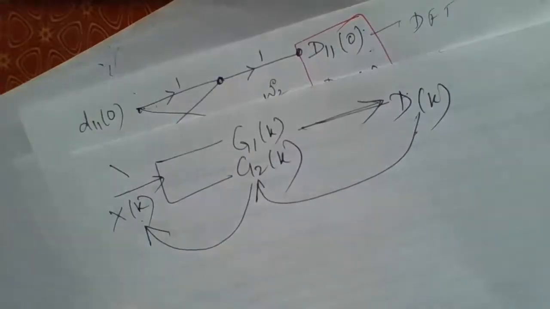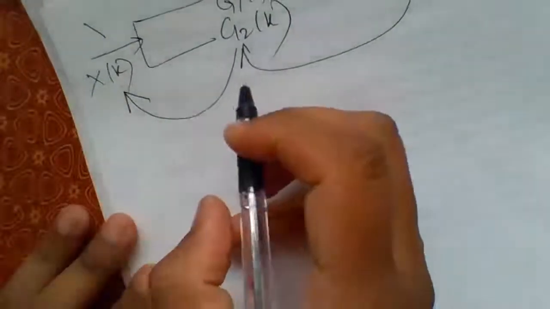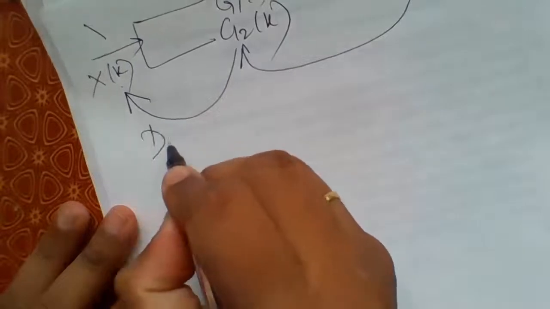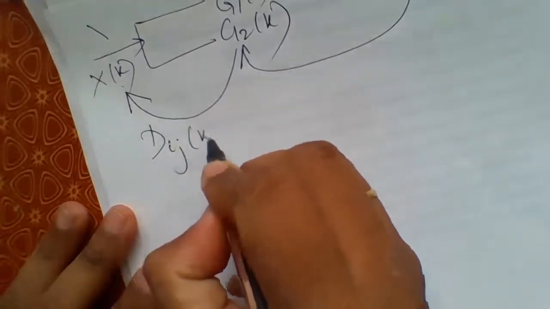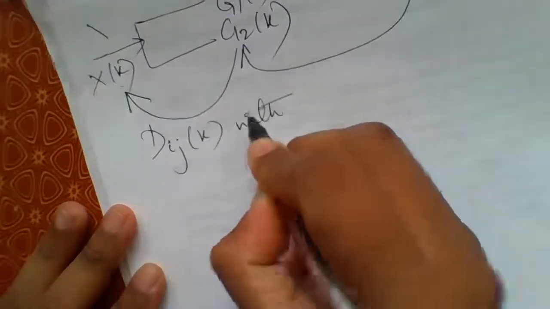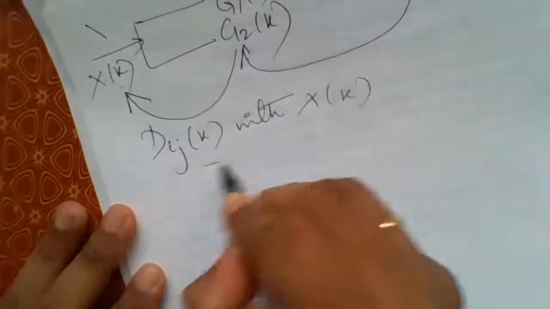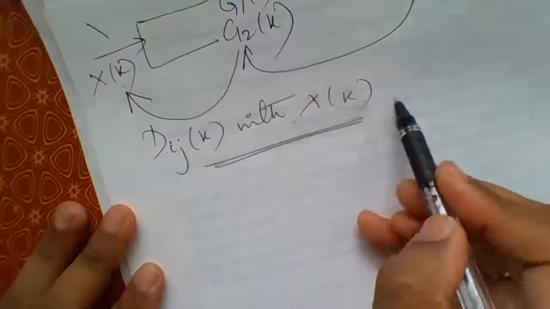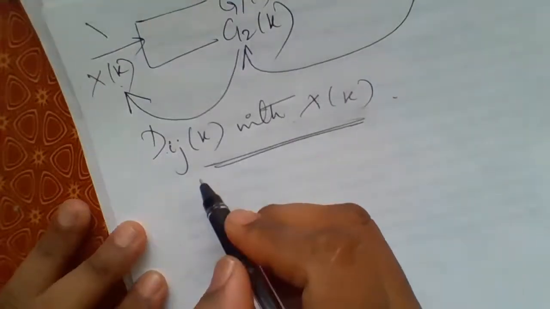So again from the previous equations we have the relation between all dij of k with x of k. Now we are deducing the relation between all the d samples with x of k. So what I have is the d11 of k equation.